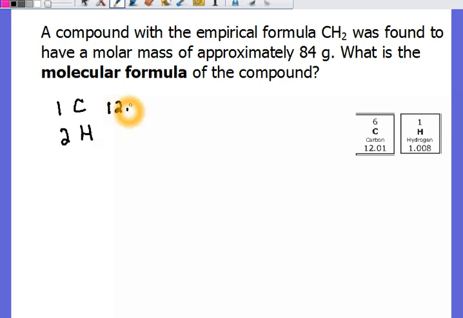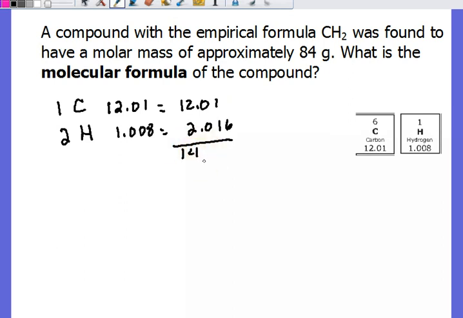So 12.01 for carbon and 1.008 for hydrogen. One carbon, so you have 12.01 from that, and 2 times this gives you 2.016. So you can add that up and you get roughly 14 grams per mole.